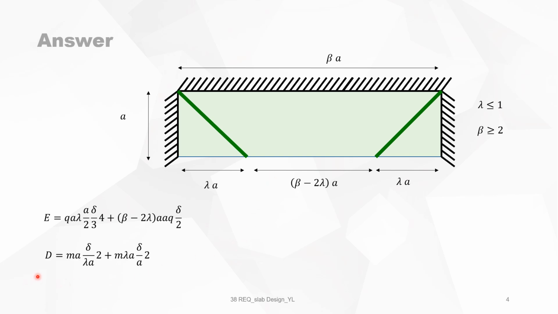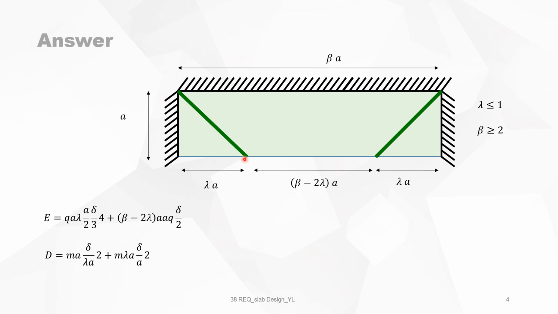The work done by the internal forces is this yield line projected on this axis of rotation. So it gives you A times M times the angle of rotation, which is delta over lambda A. And we have this 2 times also on this side.